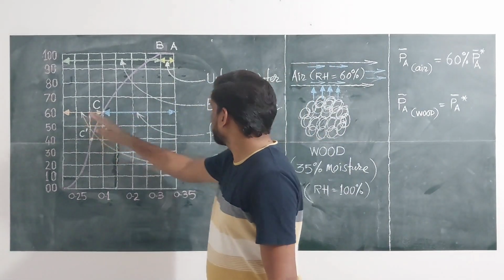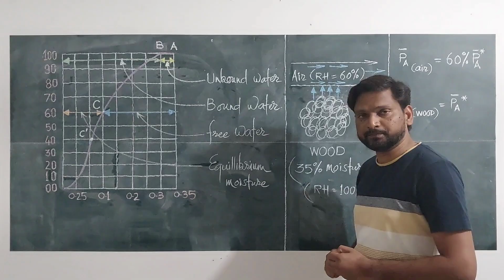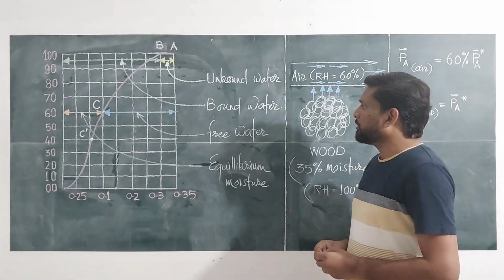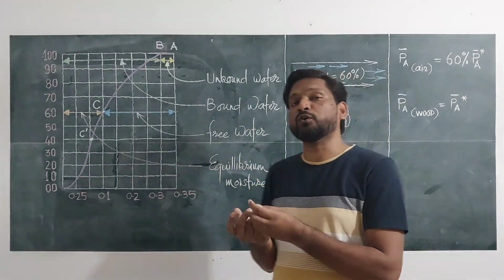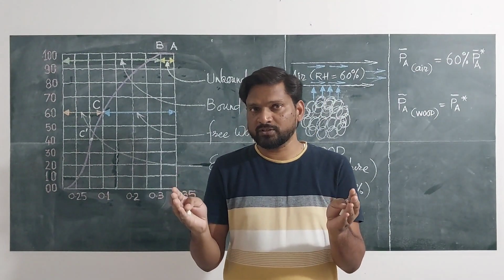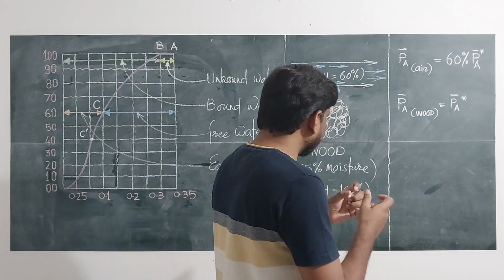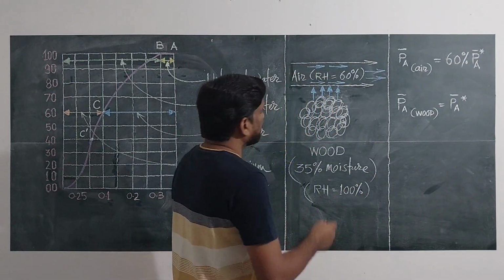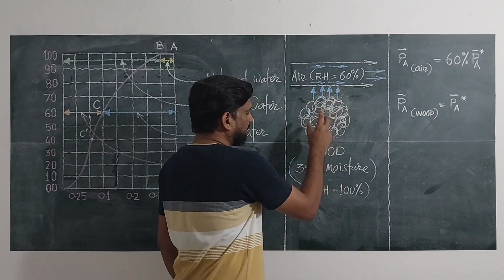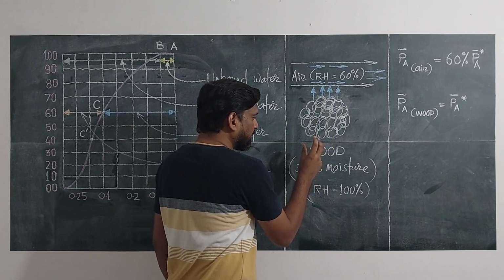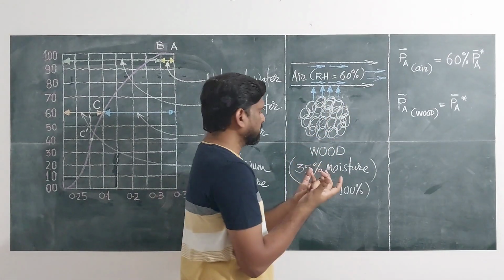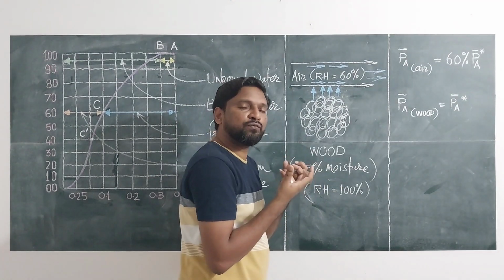First, equilibrium moisture. To know the definitions of all these types of moisture, let us have a look at the concept of drying first. Here, for example, I have taken an example of wood.